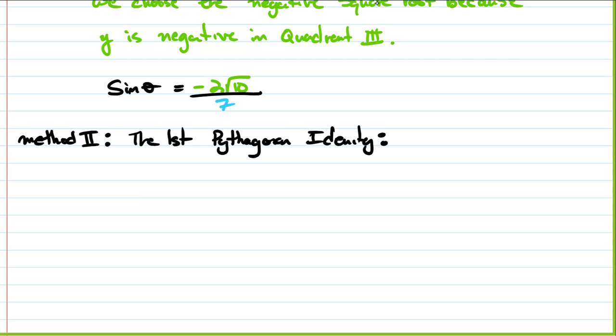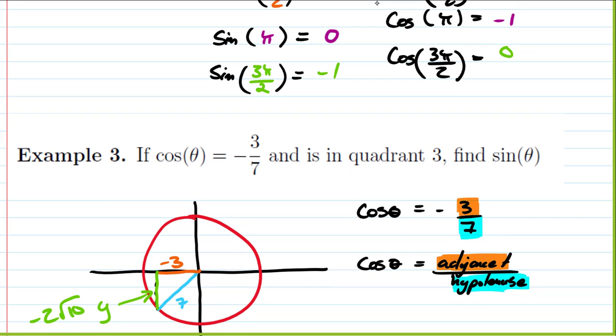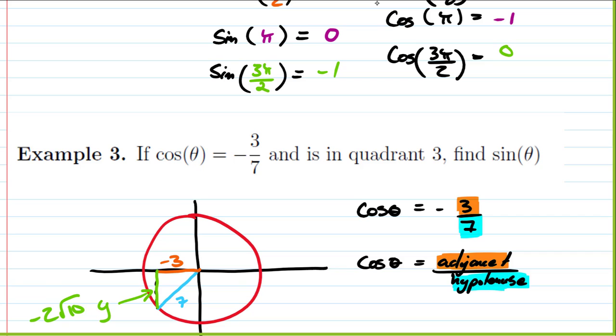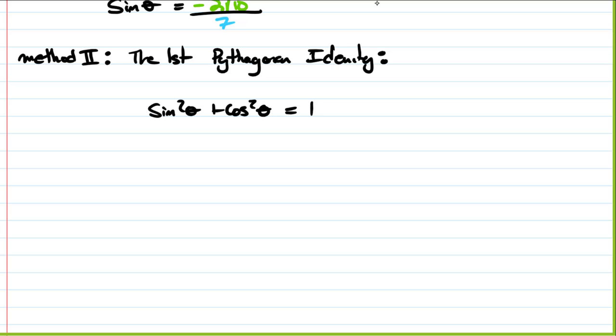The first Pythagorean identity says sine squared theta plus cosine squared theta has to equal 1. We know that theta was in quadrant 3, and we know that cosine theta is negative 3/7.